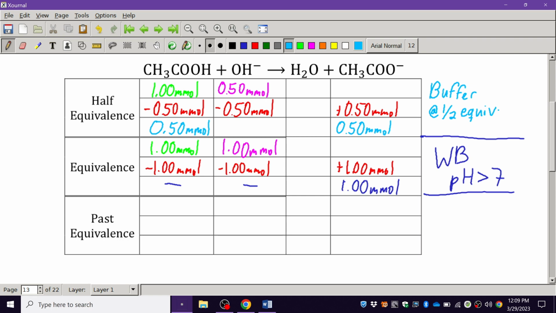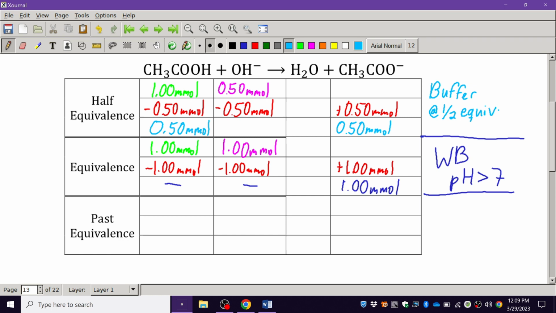If I have equal quantities of conjugate acid and conjugate base in a buffer, what's the pH of that buffer? How do you calculate the pH of a buffer? What equation do you use?